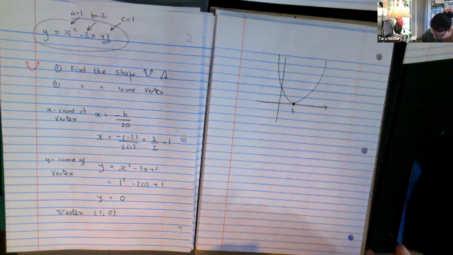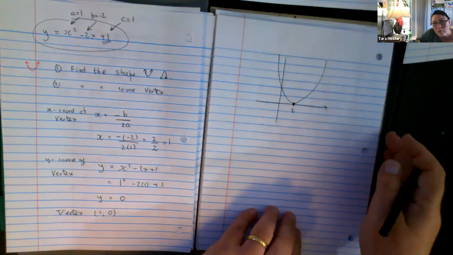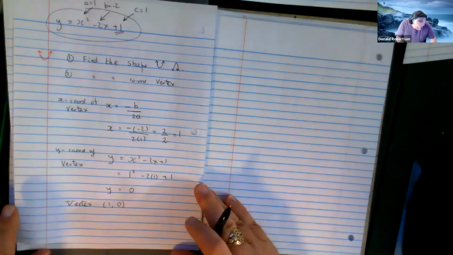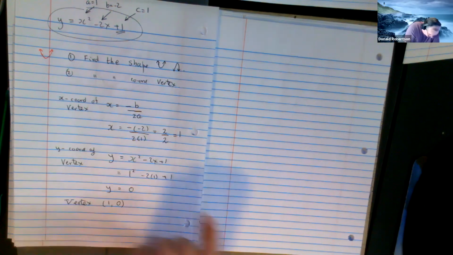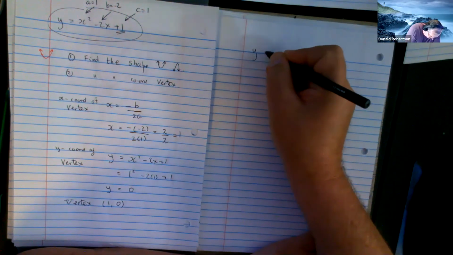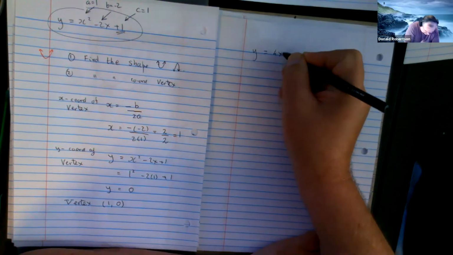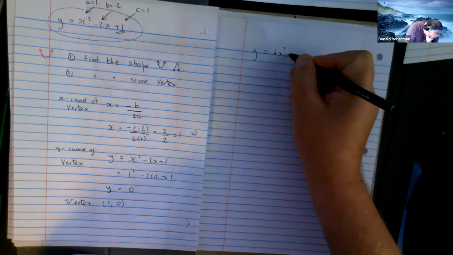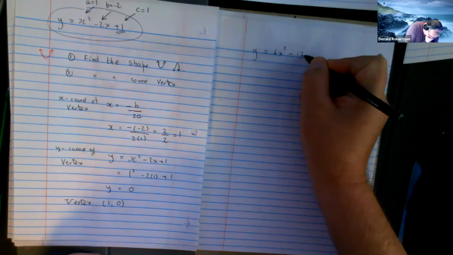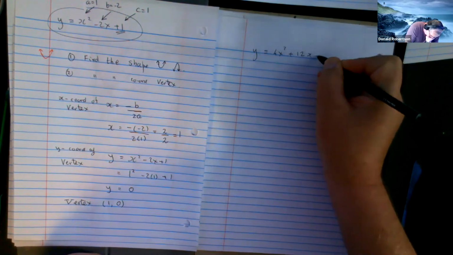Okay, let's do another one. For every one of these last ones, we're going to figure out the shape, which is pretty easy, and then calculate the coordinates of the vertex, and that's where the work is going to be. So how about y equals 4x squared plus 12x minus 3?